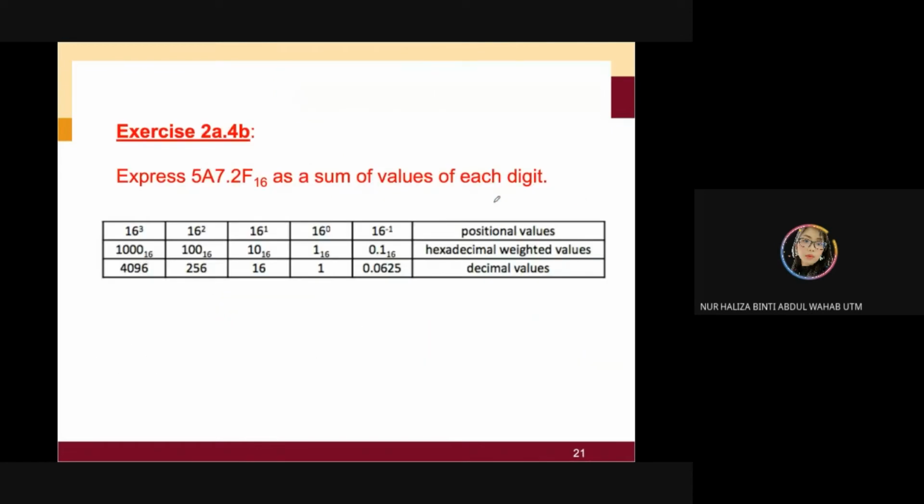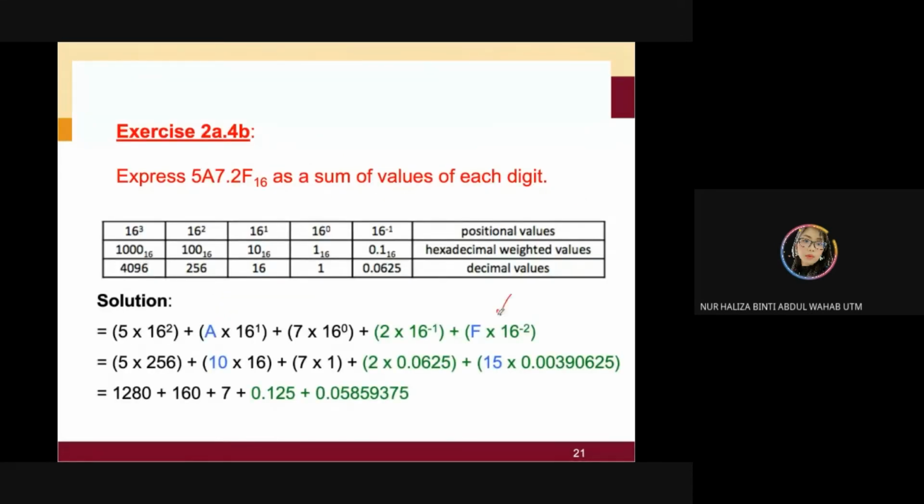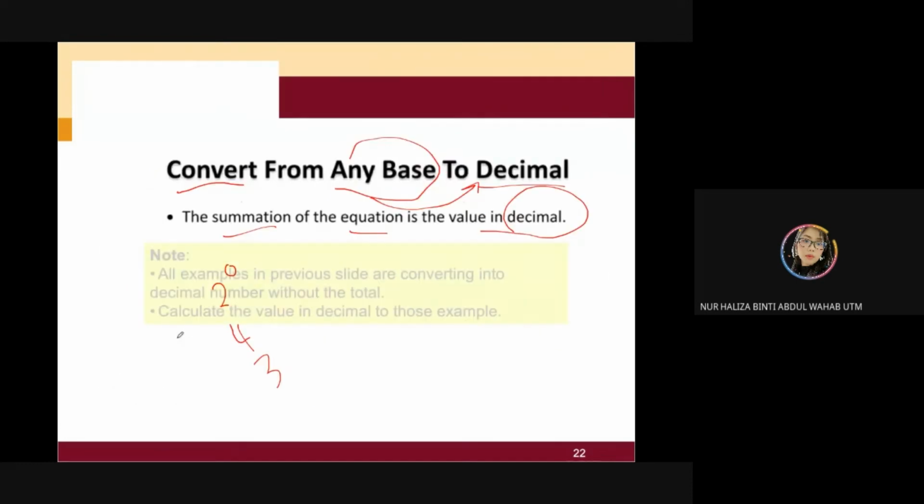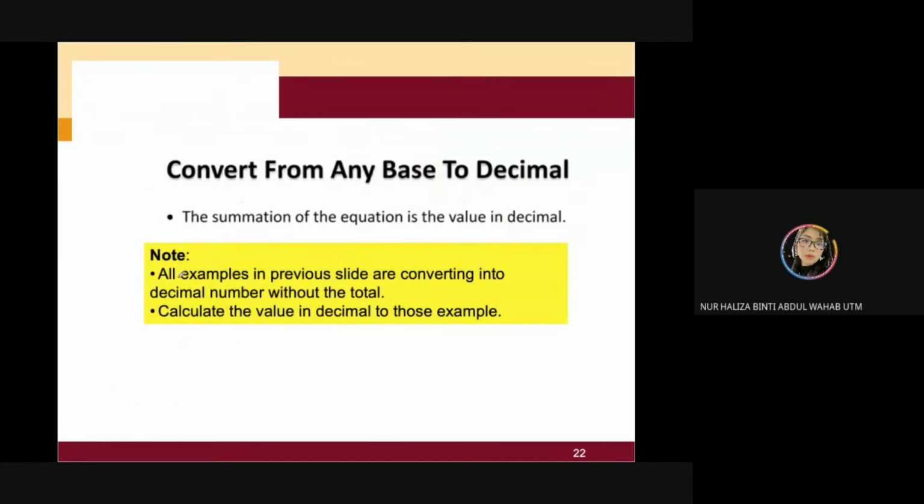Whatever base of number, you can apply this method. So please take note, all the examples in the previous slide are converting into decimal number without total. So you are the one who needs to calculate the total, the value in decimal for those examples.